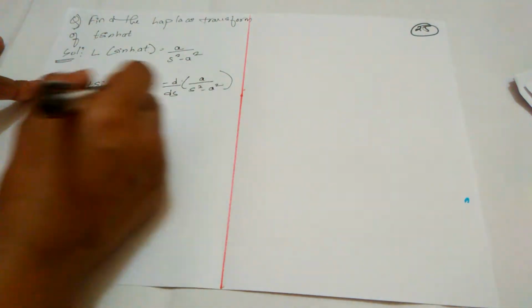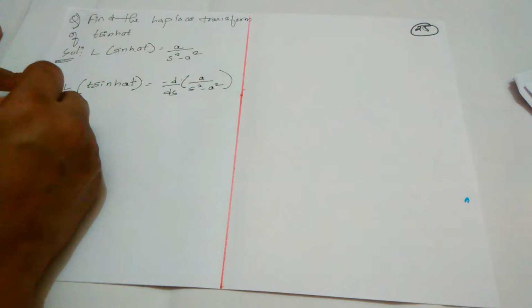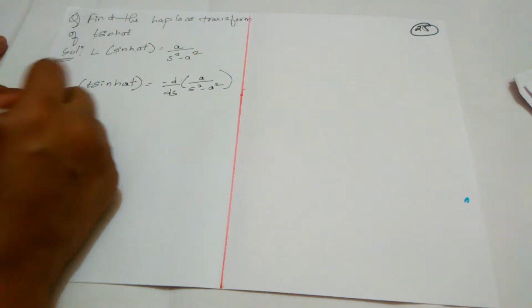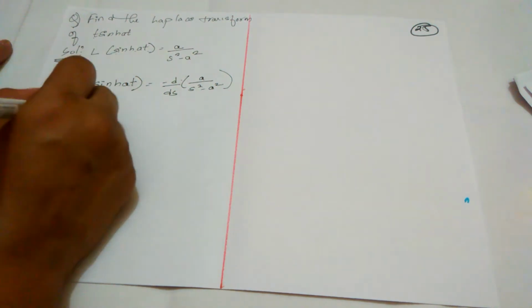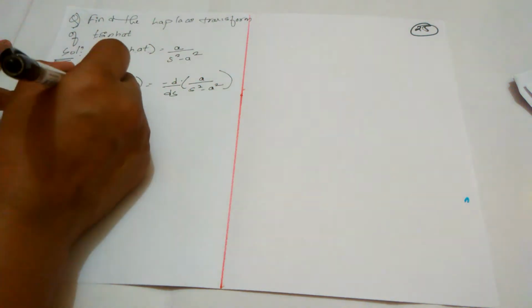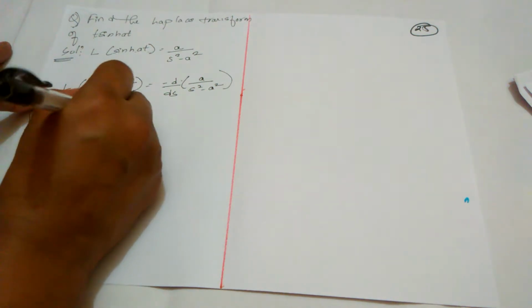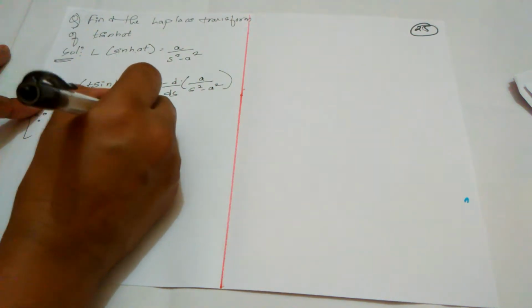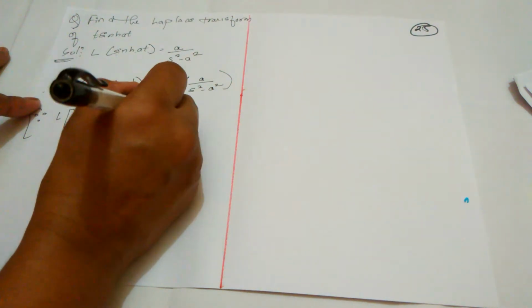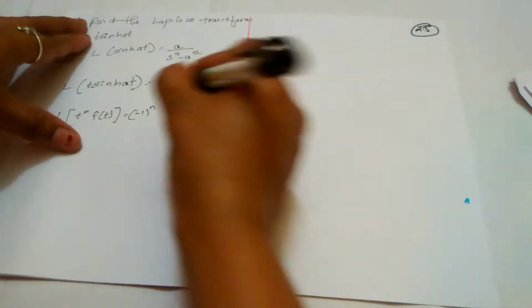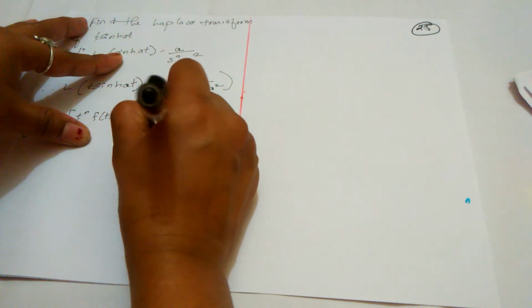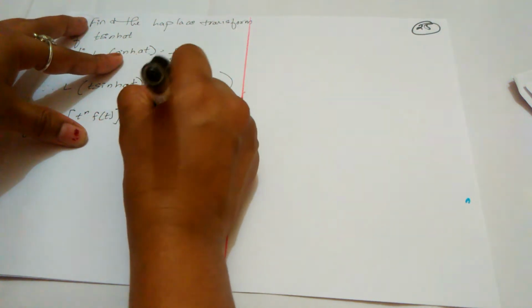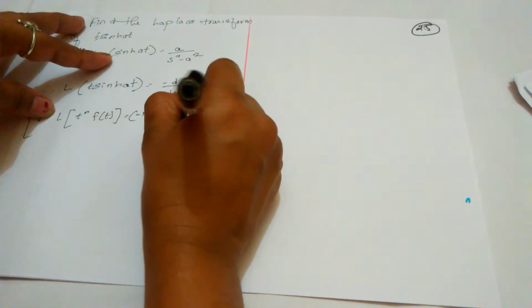Why are we getting this term? We are getting it since we are using a formula: L of t to the n times f of t is equal to minus 1 raised to n, d n by ds n of F of s.